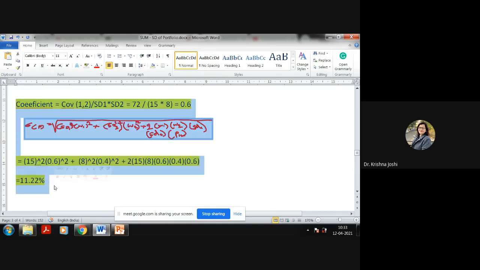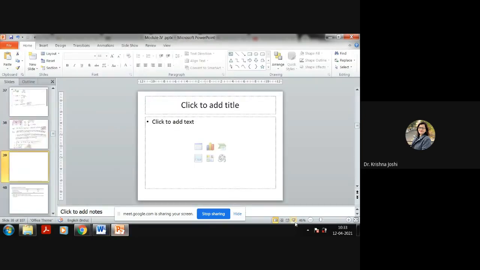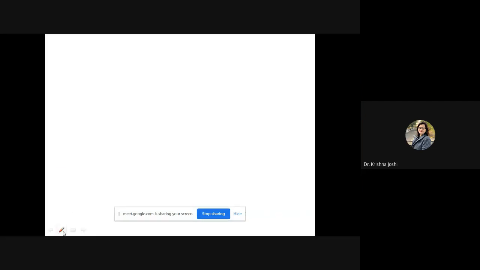Now, can anybody tell me how we will calculate the expected return of the portfolio? What is the formula for the expected return of the portfolio? Let me write it here. You will denote it like this, return of portfolio. I hope you can see the screen.